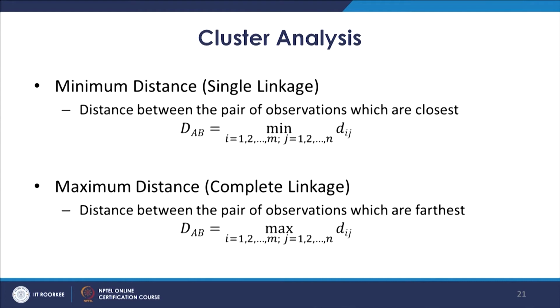So, this is the first metric for computation of distance between clusters. The second one is the maximum distance, also called complete linkage. How is this particular metric defined? Here we typically find the two observations, one belonging to cluster A and the other belonging to cluster B, which are farthest from each other.